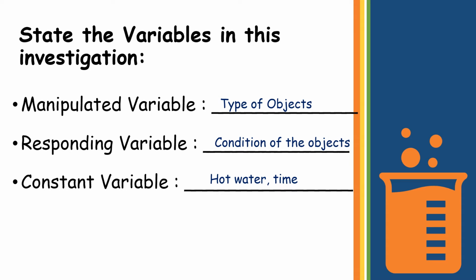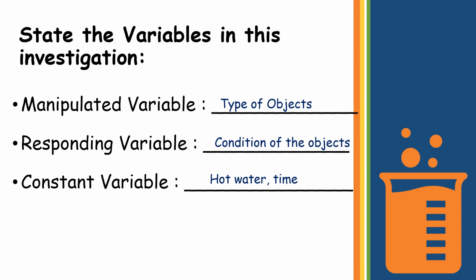Before going into the activity, it is important to know about the variables in this investigation. The manipulated variable in this experiment will be the type of objects that we use to test.